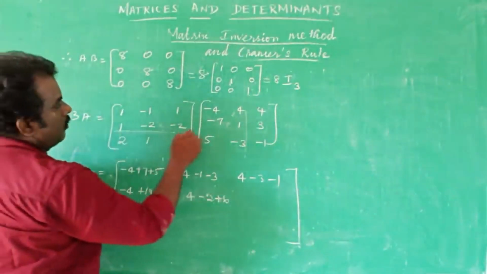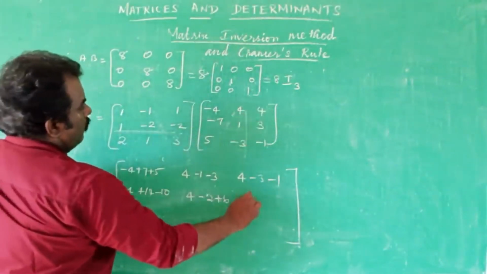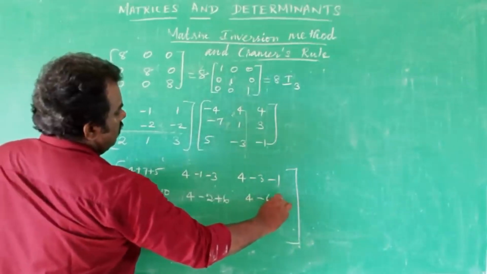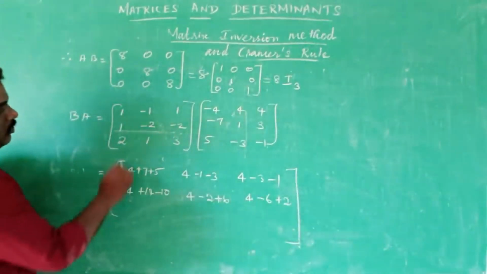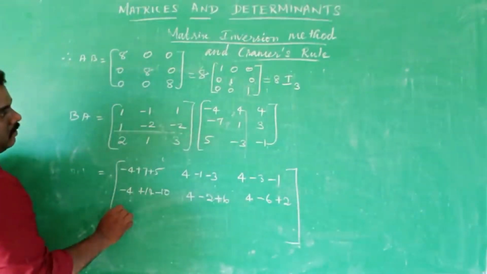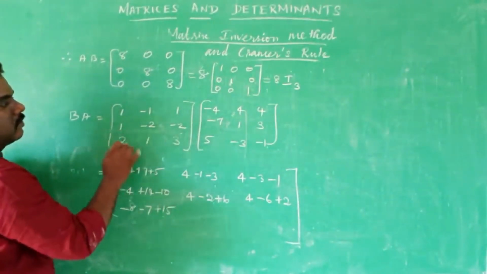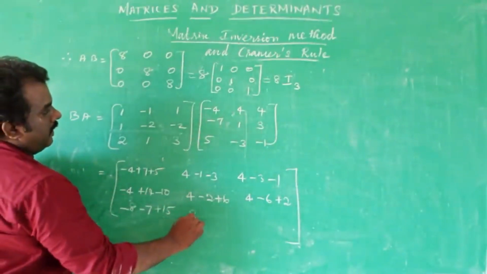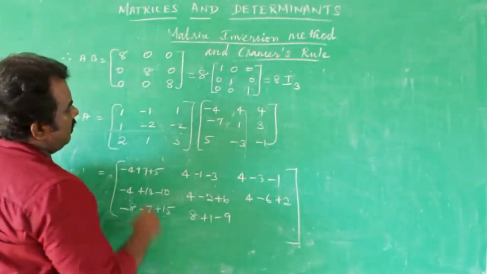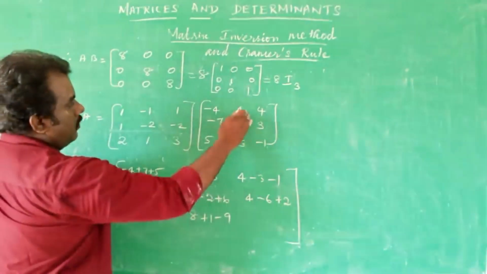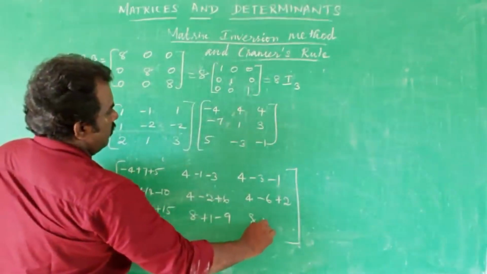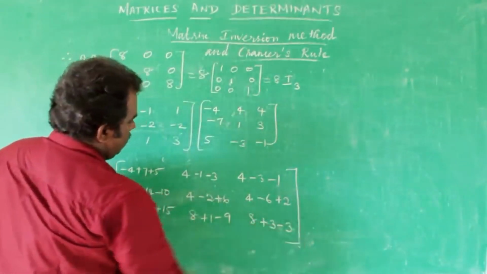The next second row, third column: 4 minus 6 plus 2. Third row, first column: minus 8, minus 7, plus 15. Third row, second column: 8 plus 1, minus 9. Third row, third column: 8 plus 3, minus 3.